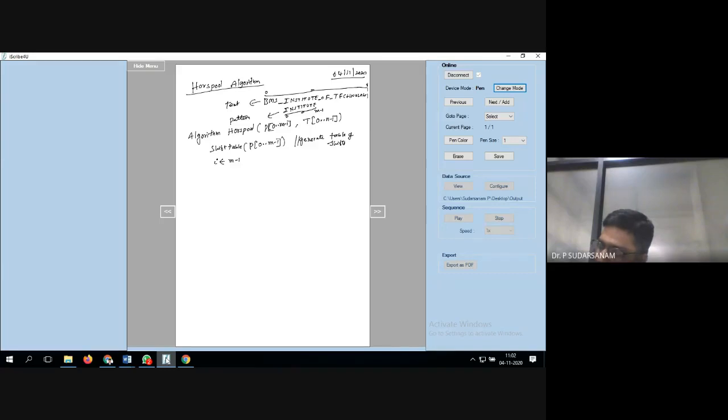Now, while m-1 is the total length of the pattern, the i value will be processed whenever i is less than or equal to n-1.